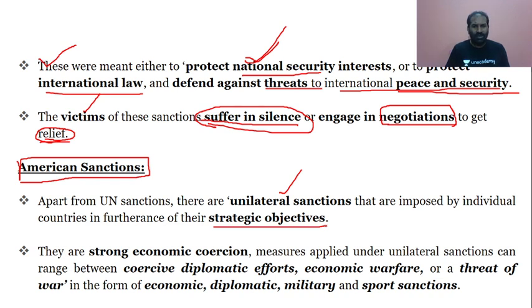India was also a victim of sanctions, by the US, when we went ahead with the nuclear test in the year 1998. So these developing countries are the ones which will be impacted.